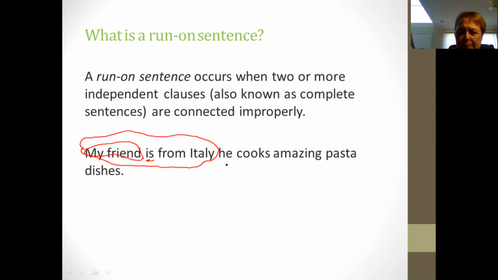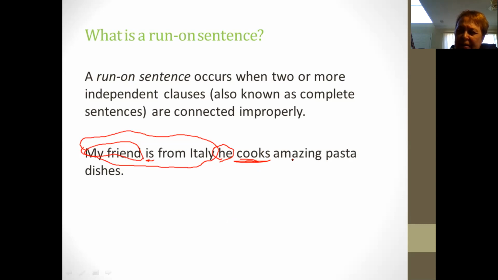He cooks amazing pasta dishes. Do you see a subject there? If you said he is your subject. Do you have a verb? We have cooks, right? See cooks there. And this is one of those verbs that actually doesn't need an object. You can just say he cooks.